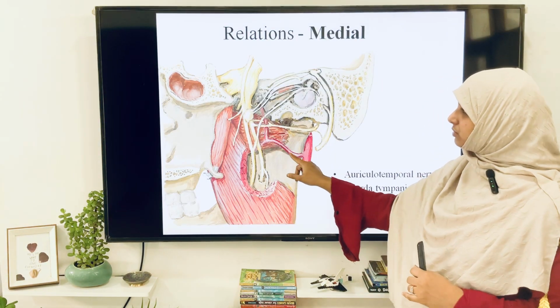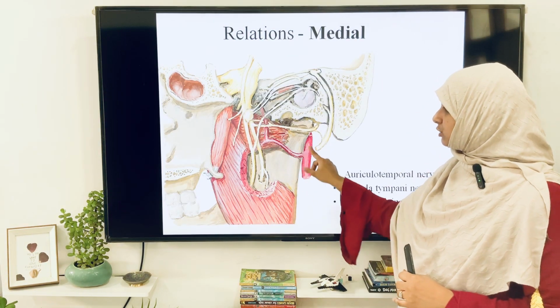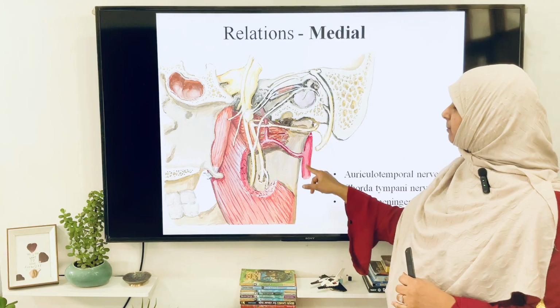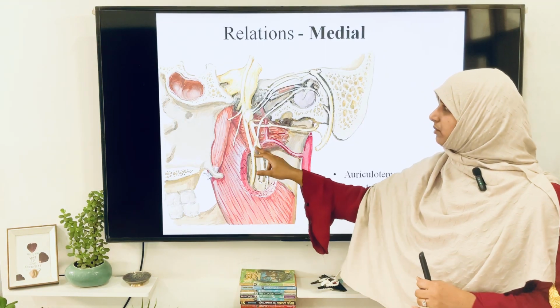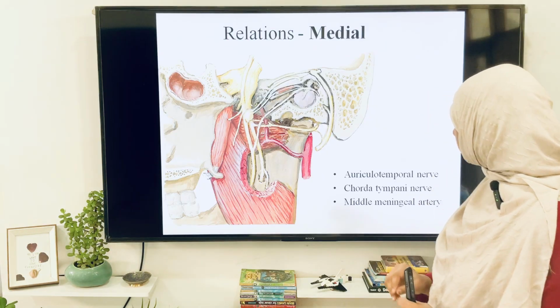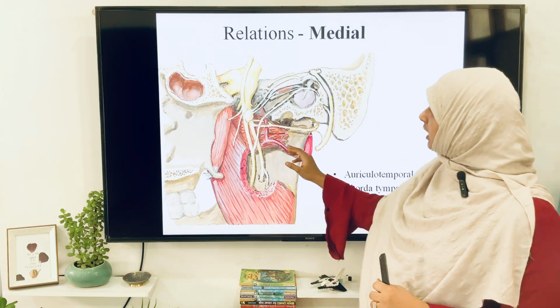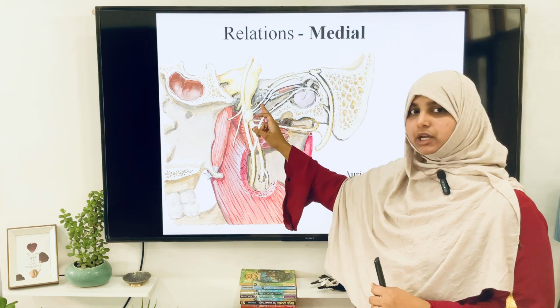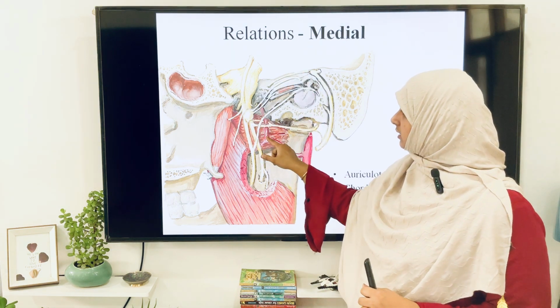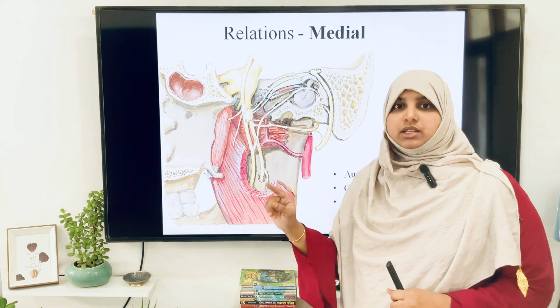Next we have this vessel. This is basically our external carotid artery. From the external carotid artery we have an important branch, which is the maxillary artery, and from the maxillary artery we have one important branch going up into the cranial cavity. This is the middle meningeal artery.